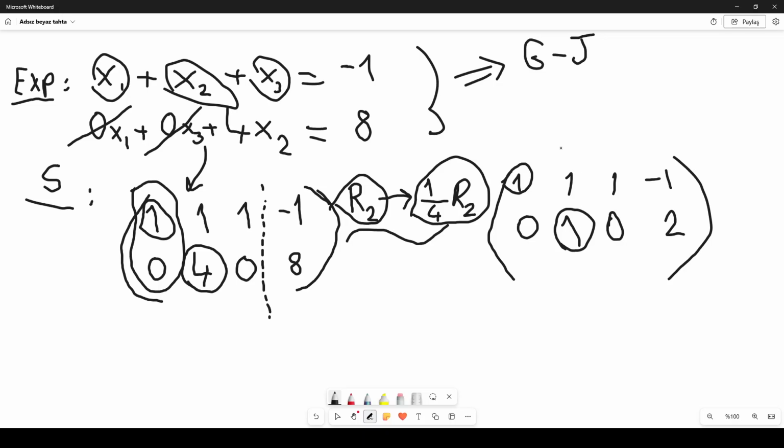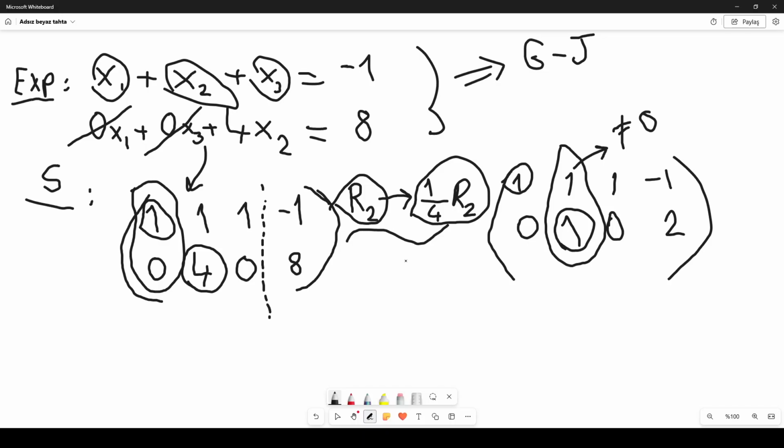But then look at the second column of this newly produced matrix. In the column of a leading entry, all the other values besides the leading entry must be equal to 0, but this value in the first row is not equal to 0, so I need to eliminate this value. In other words, I need to convert it to 0.